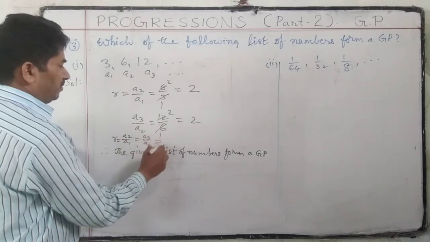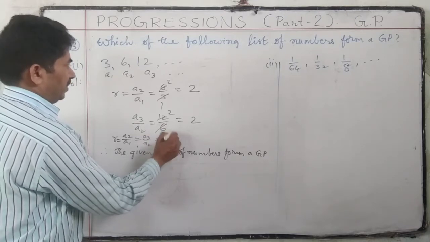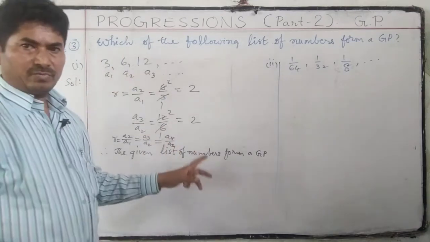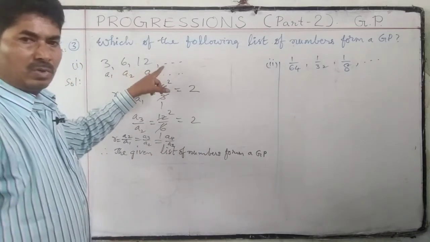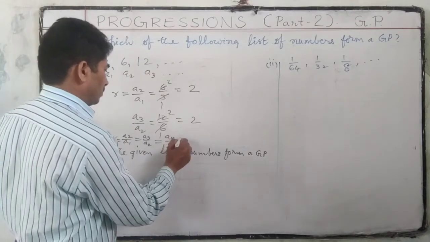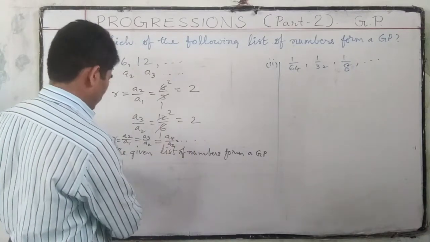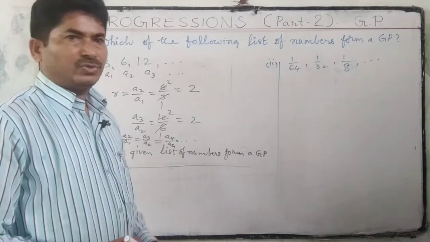Like this, a4 by a3 as well. If we write more terms, we can find a4 by a3. So we checked two ratios. So like this, the given list of numbers form a GP.